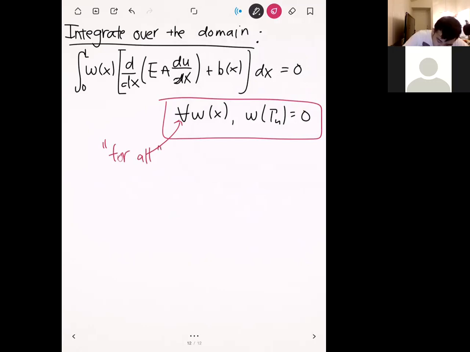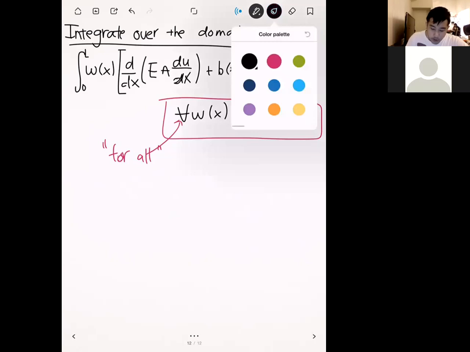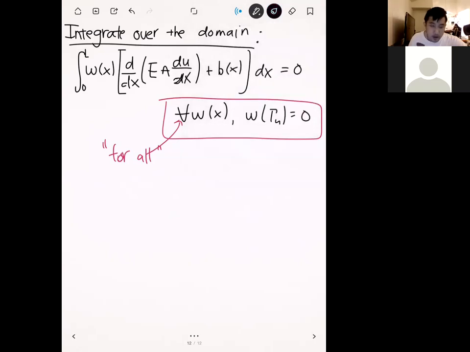So we have the integral of W of x times d/dx of E times A du/dx plus b of x, dx, equal to 0. And our requirement on W is that for all functions W of x, W at our Dirichlet boundary has to be equal to 0. All that is just stating our requirement here.